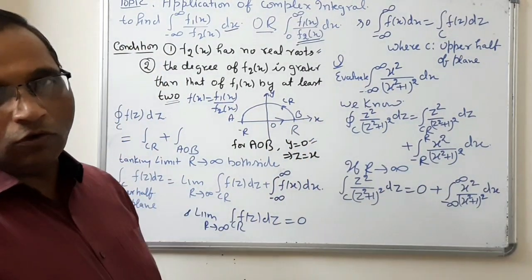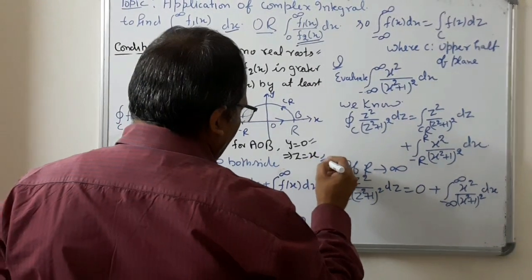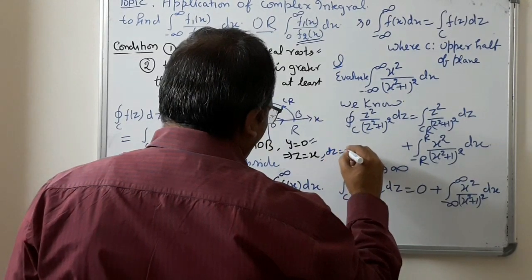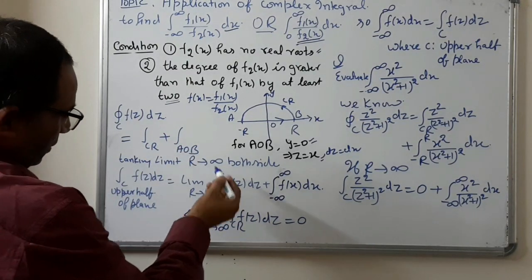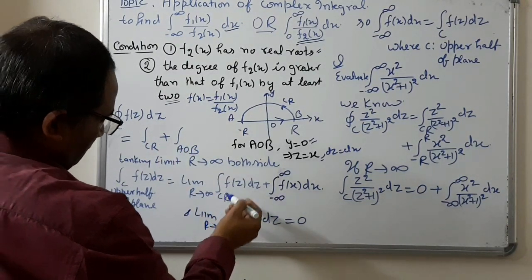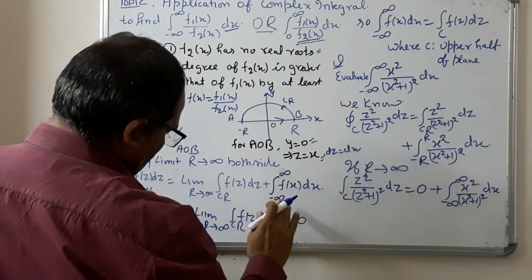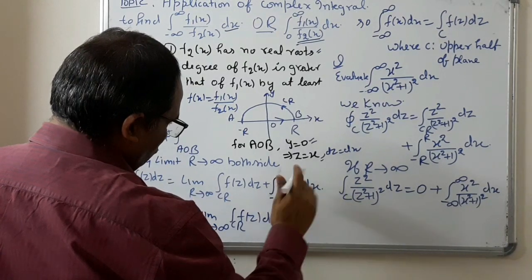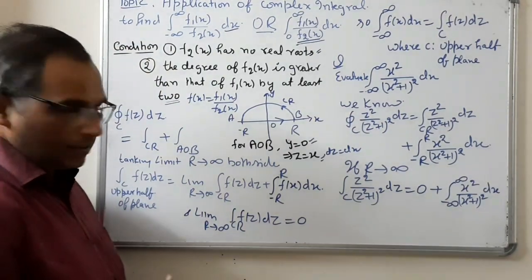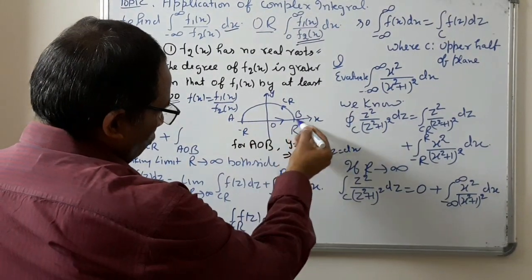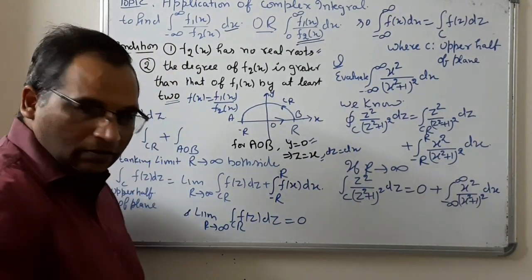With z equal to x plus iy, that means z equals x, so dz equals dx. So the first integral is the integral over C_R of f(z) dz, plus the integral from minus r to r of f(x) dx, because z is equal to x and dz equal to dx. Clear?